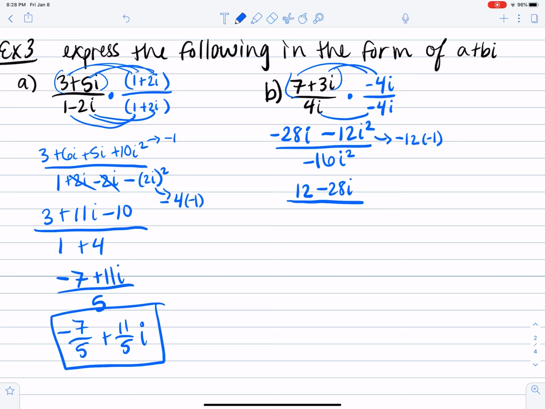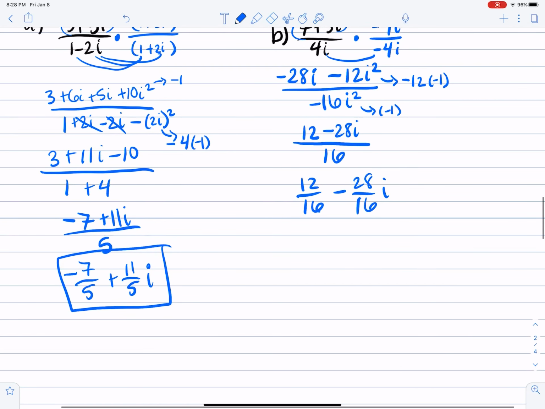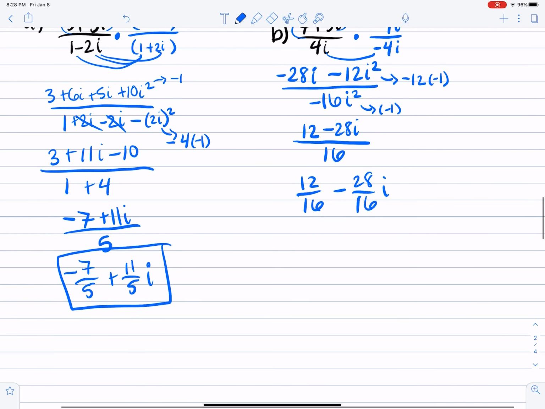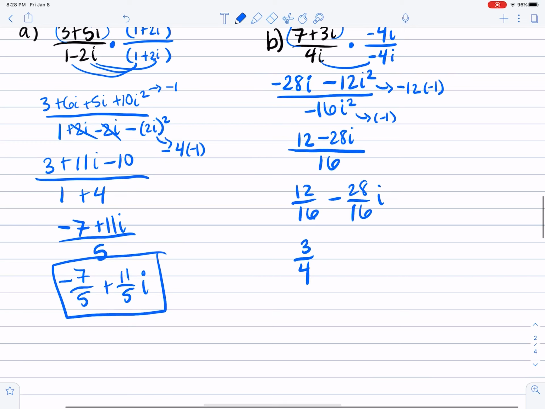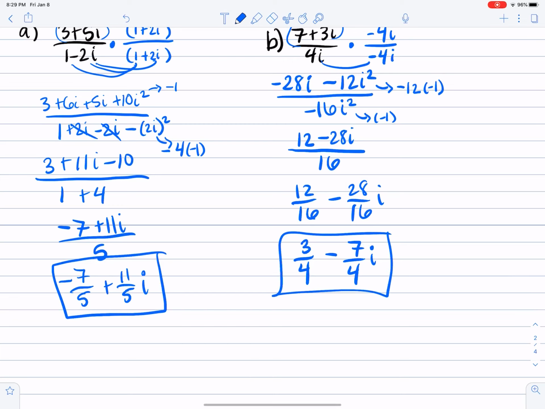And then negative 16 times this negative 1 is going to make it positive 16 on the bottom. Then we need to split that into two terms. So we're going to get 12 over 16 minus 28 over 16i. Then we need to simplify that. That becomes 3/4 minus 7/4 i, and that can stay like that.